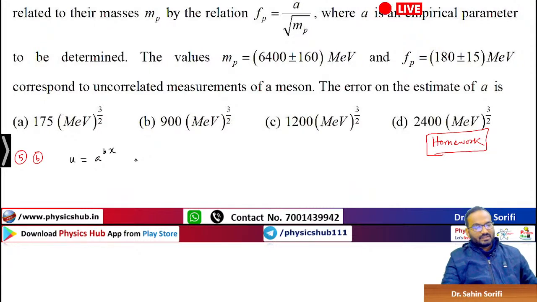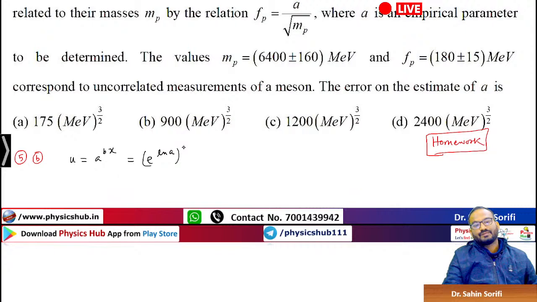If it is not given in terms of exponential, you will represent it in terms of exponential. So a can be written as e to the power ln a, to the power bx. So this is equal to e to the power b times ln a into x.